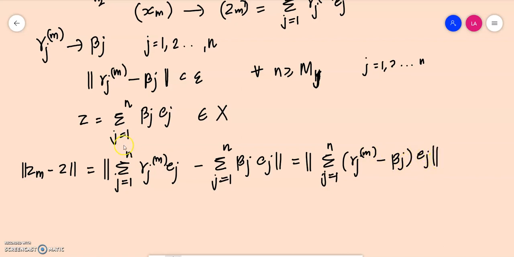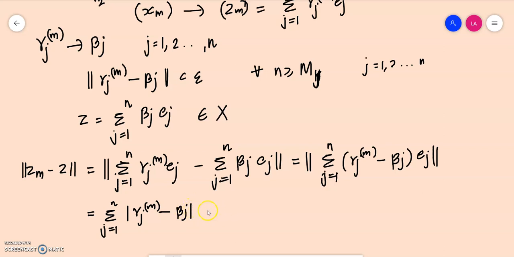Now by the property of the norm, this can be written as summation j = 1 to n of modulus of gamma_jm minus beta_j times norm of e_j. These are real numbers or complex numbers with respect to the underlying field corresponding to the vector field for which we have defined the normed space.